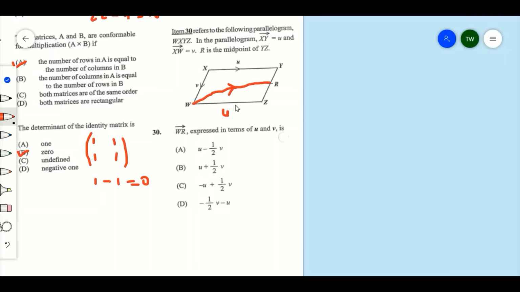So that means we are going the opposite of this arrow, so it's going to be -1/2 of V. Right? And we just put them together. So therefore, vector WR is going to equal U minus half V, which is A in this case.